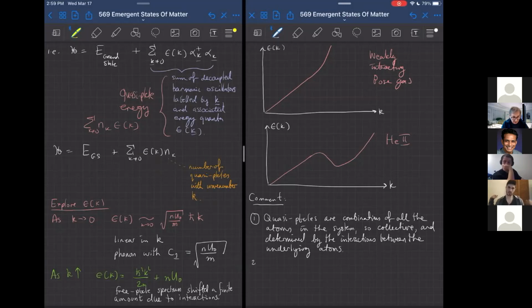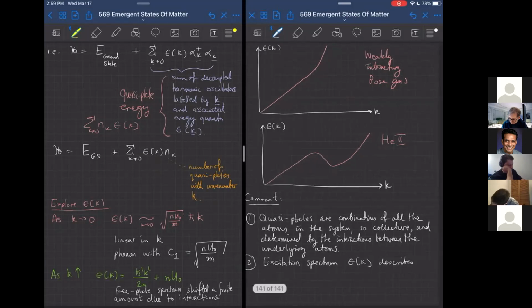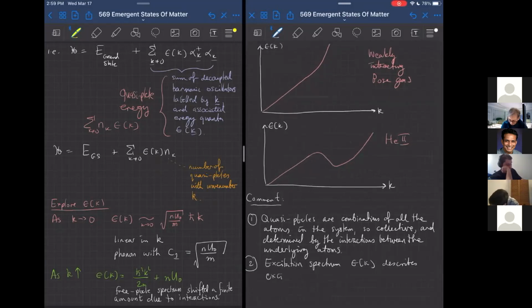So then the excitation spectrum epsilon of K describes excitations above the ground state of the interacting system, and not above the free Bose gas.